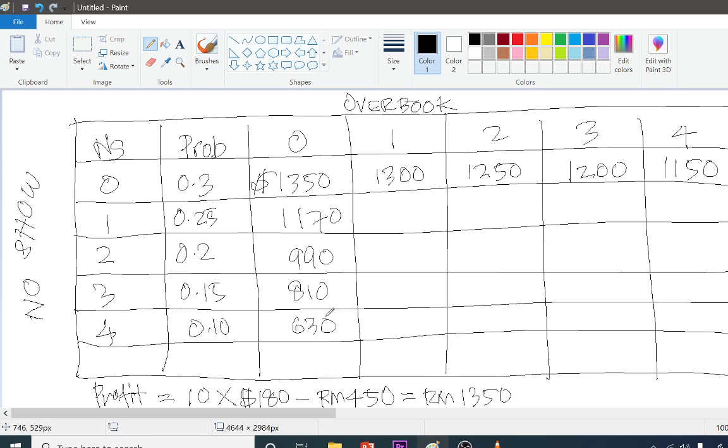Okay, so in the situation for this diagonal line, if 0 overbook, 0 no show, the profit is 1350. In case you overbook 1 and no show 1, this is again 1350. 2 overbook, 2 no show, again this is 1350. 3 overbook and 3 no show, again this is 1350.